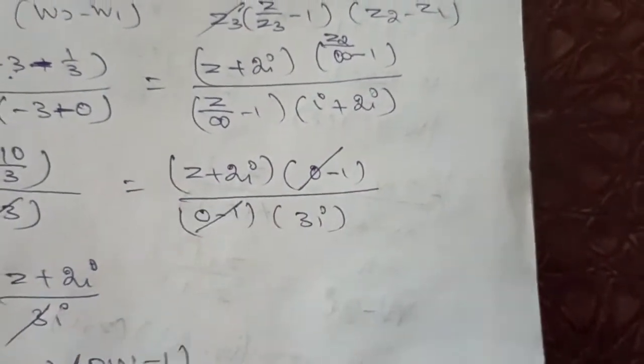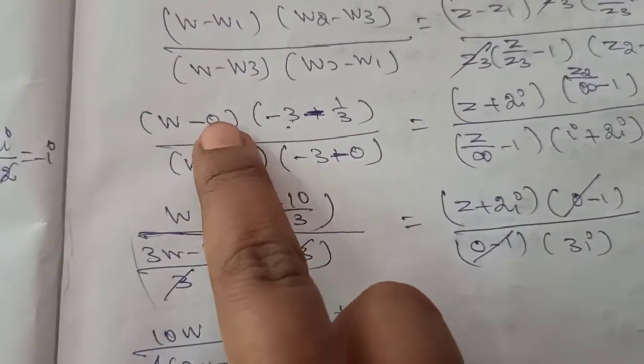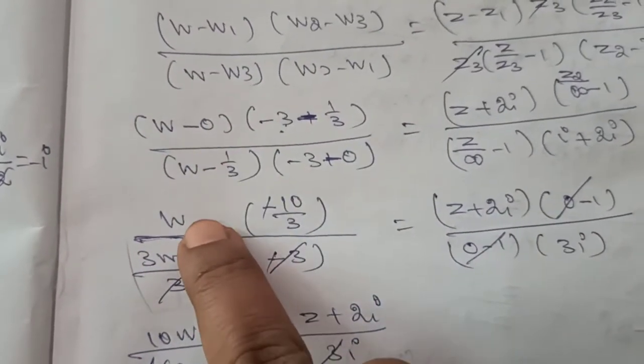Now simplify this value: w minus 0 becomes w.